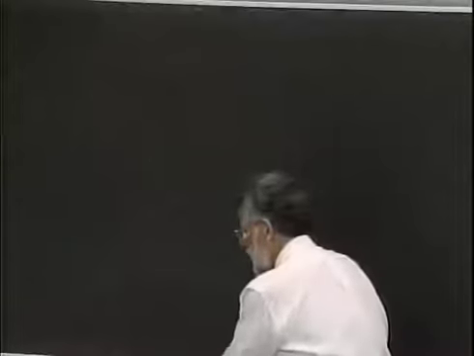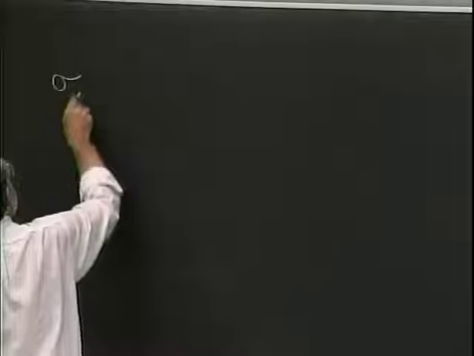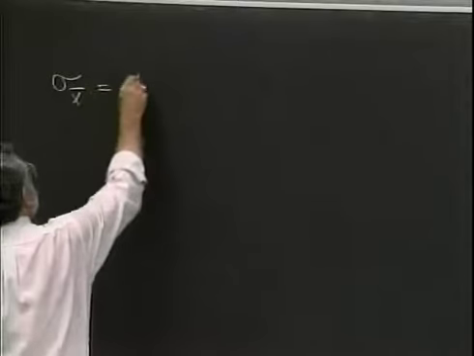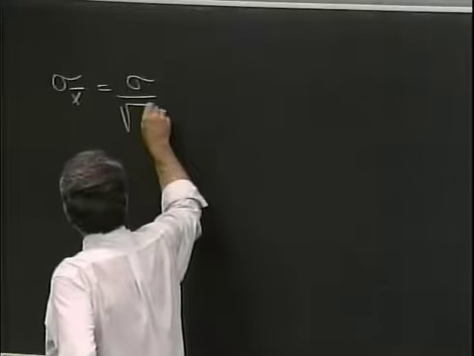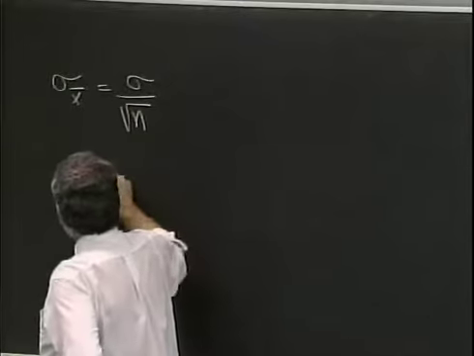So if we go to the board for a moment, just look at that as an idea. We're saying that sigma sub x bar is going to be the standard deviation of your population divided by the square root of the sample size.